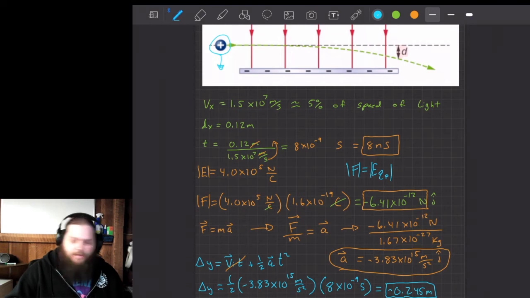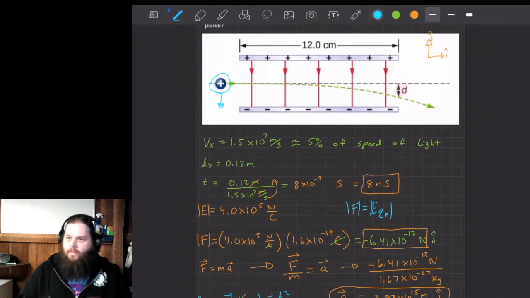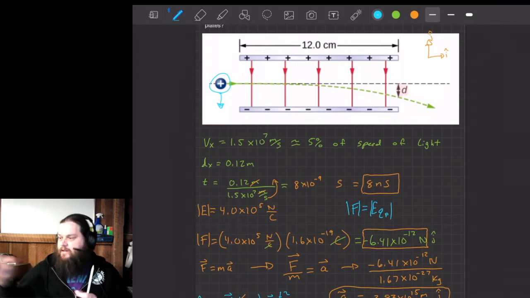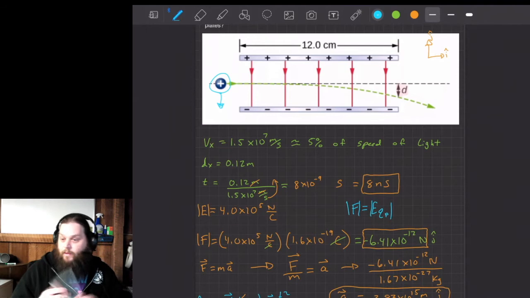And I like this problem especially because something very similar to this is how they first discovered the electron. J.J. Thomson, back in the late 1800s, started realizing that if he heated up a plate of copper, I think it was, he could detect something flying through. And when he put an electric field through there, he could deflect that particle left and right, proving that whatever he was pulling off of this metal plate had a charge to it.